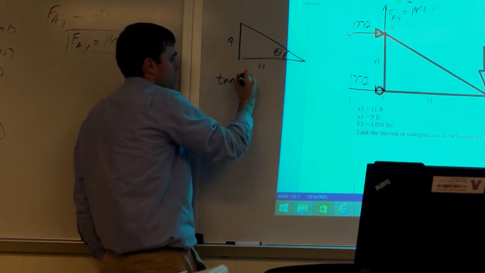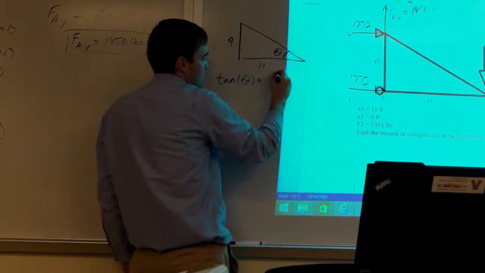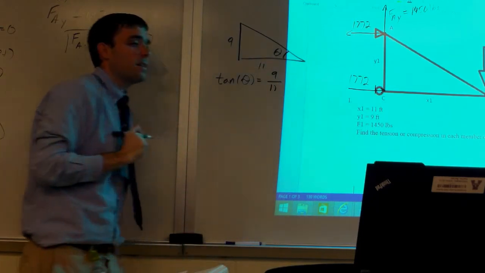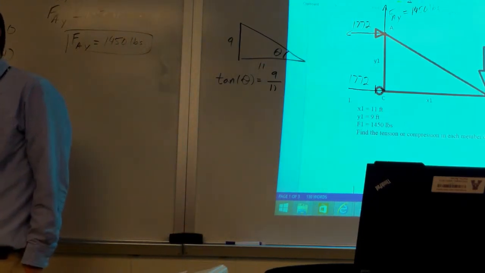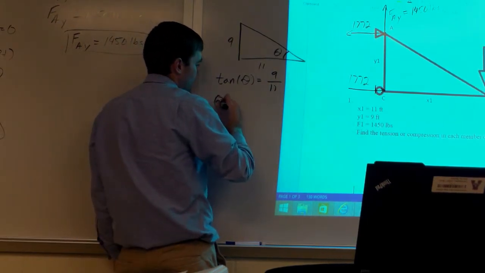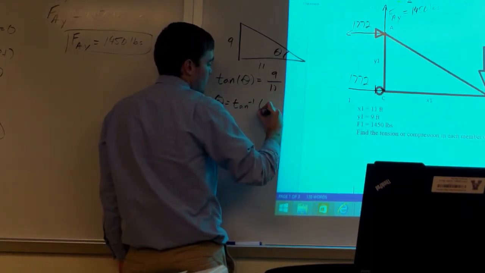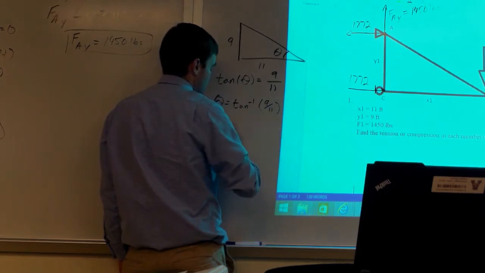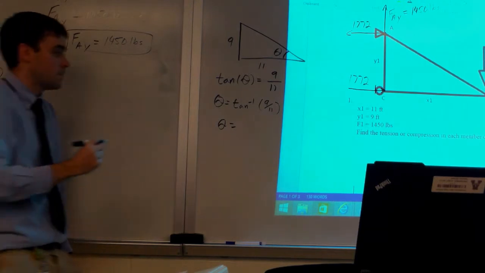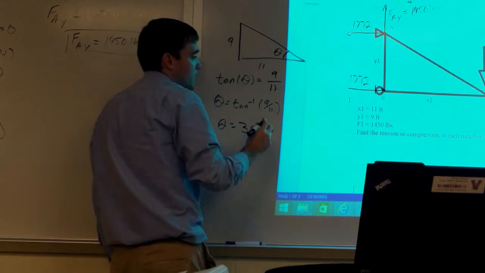Tangent of angle theta equals opposite 9 over adjacent 11. How do we get theta by itself? Inverse tangent function, on both sides. So theta equals tangent inverse of 9 over 11. And what does theta equal? 39.3 degrees. So that gives us this angle.